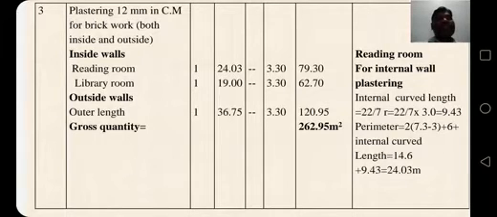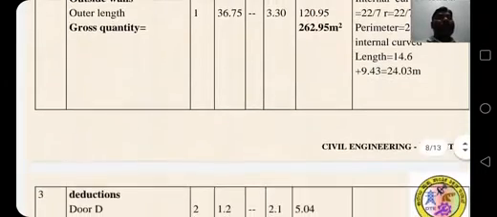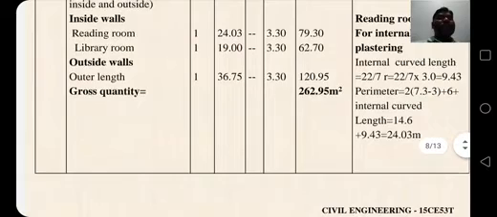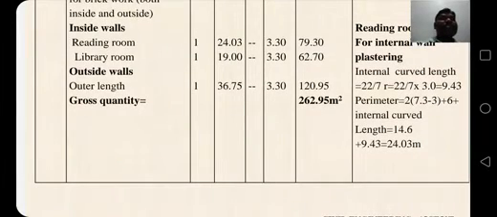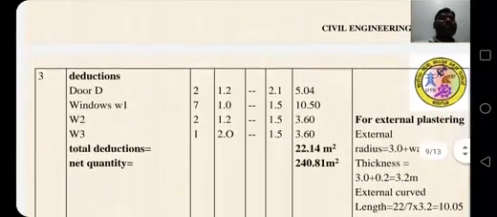The outer length is 36.75 into 3.3, 120.95 square meter. Total gross quantity is 262.95 square meter.